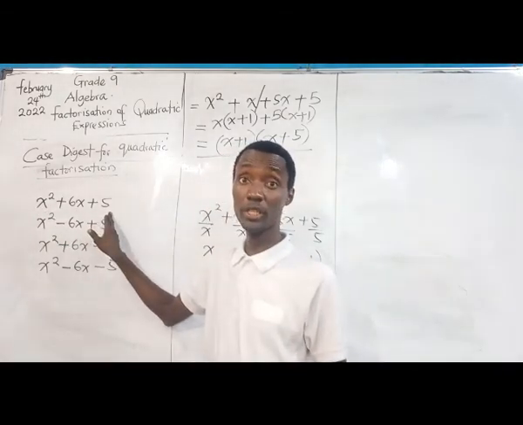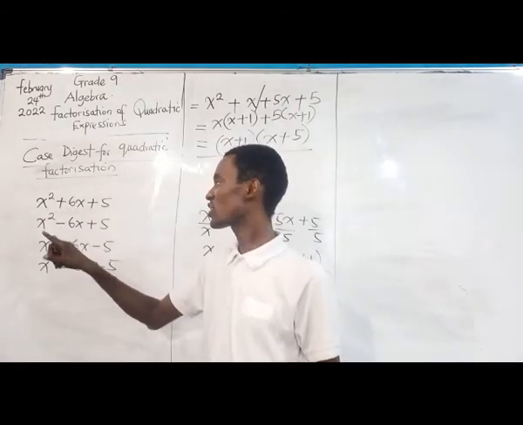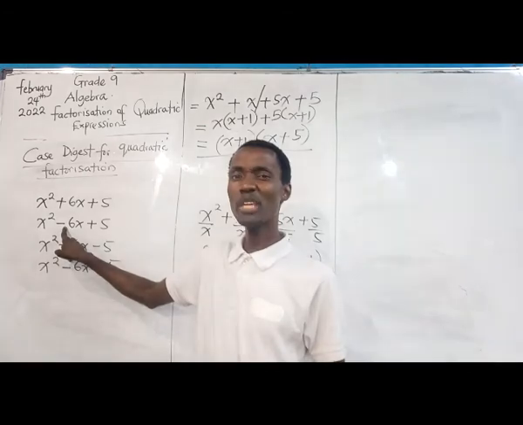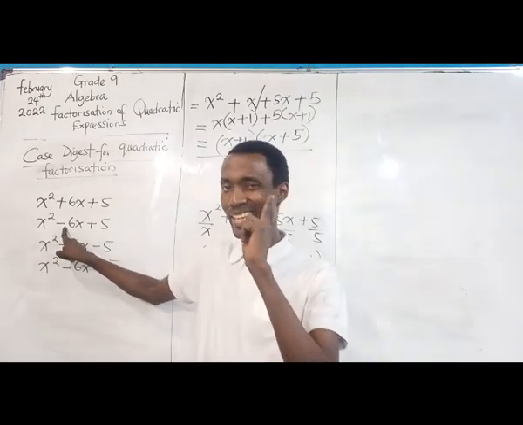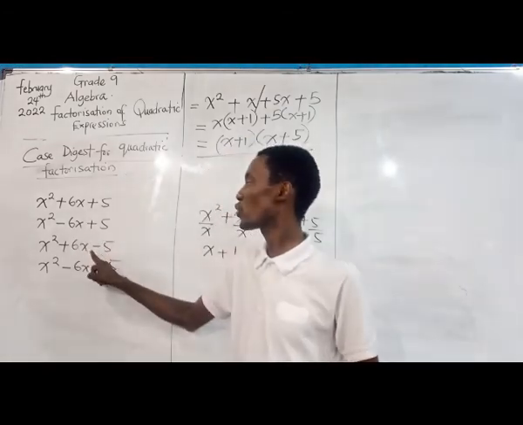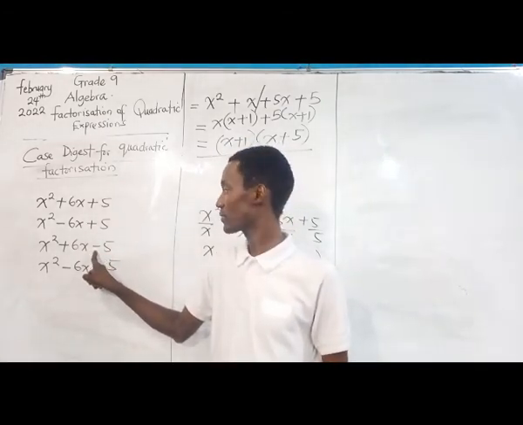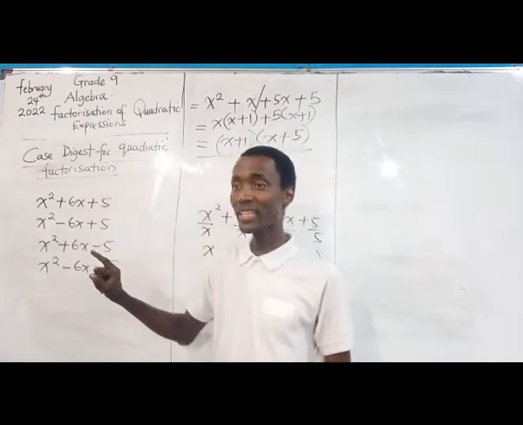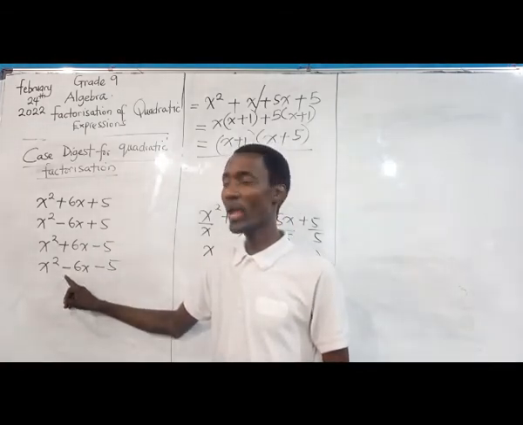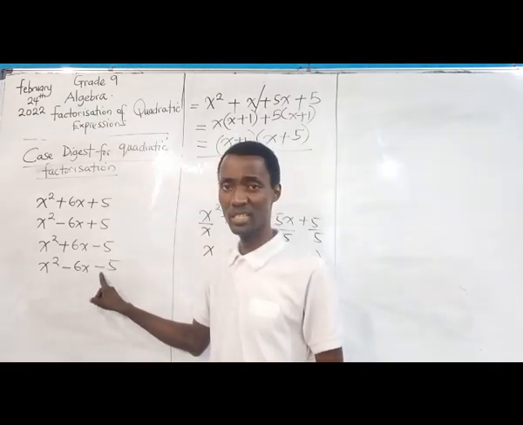Please let's watch carefully. All the terms are positive. The second scenario is where the middle term is what? Negative. Only the middle term is negative. The third scenario is where the last term is negative. And finally, we have a scenario where the middle and the last term are both negative.